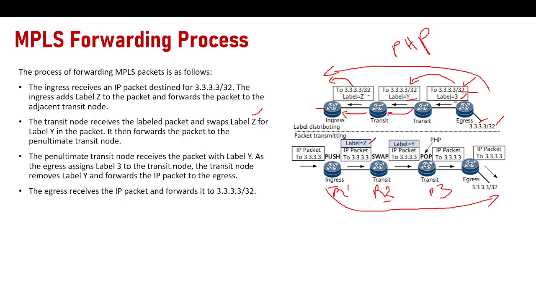Of course it's adding label 3, but in reality that is just like no label on that packet, and it forwards the IP packet to the egress. This router performs the route table lookup and forwards the packet to the destination, which is 3.3.3.3.